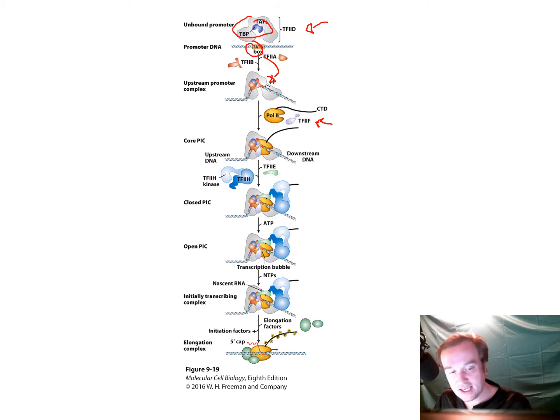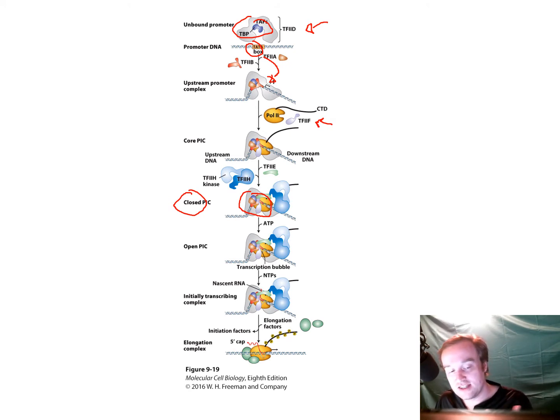The PIC TF2D TBP subunit, which is this whole subunit here, holds DNA into position by binding to the TATA box. So it is really this portion of the complex. PIC stands for pre-initiation complex, by the way.